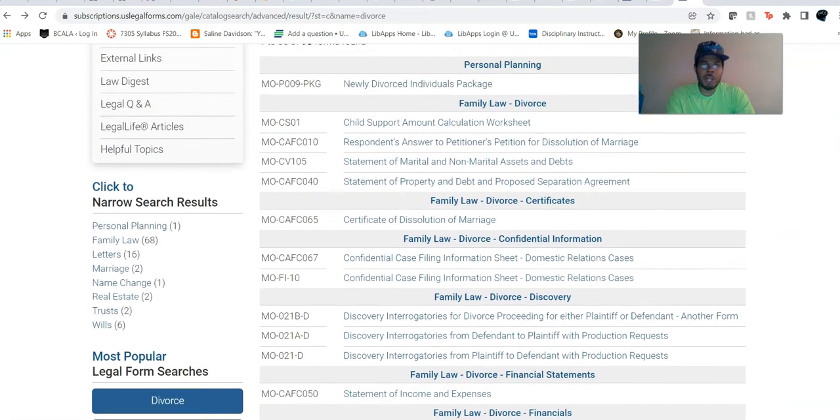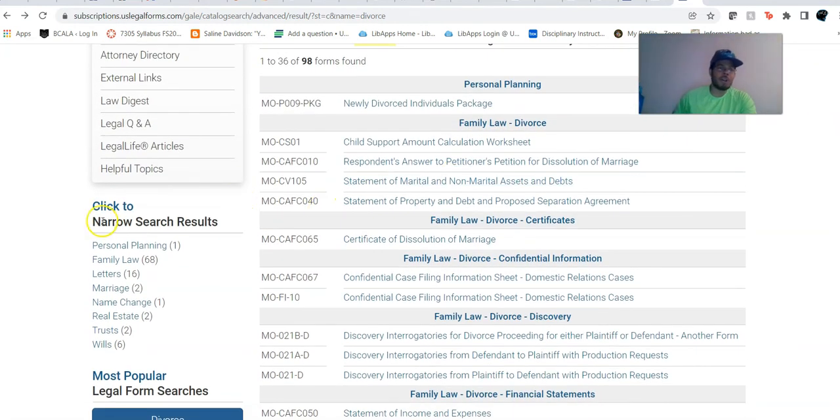And you can pull up your sample forms here. You can also go over to the left and narrow your results a little further. So most of these for divorce are going to be related to family law, but you do also have sample letters where you can fill in information, including names in the spots that have little fill in the blank areas, real estate, all of these sorts of things.